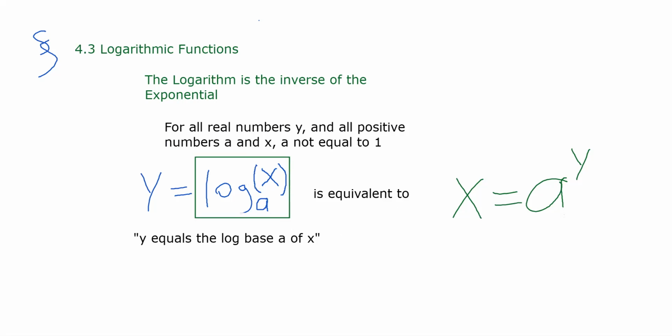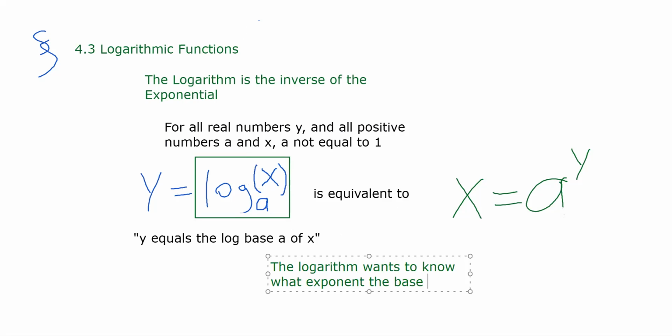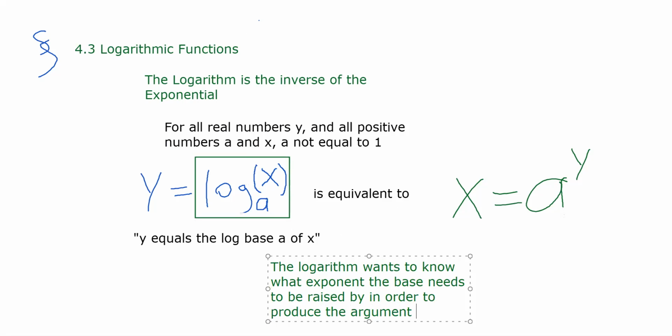But ultimately, the logarithm wants to know what exponent the base needs to be raised by in order to produce the argument, or the x value, of the logarithm. It's saying a to what power gives me x. That's a completely different idea.